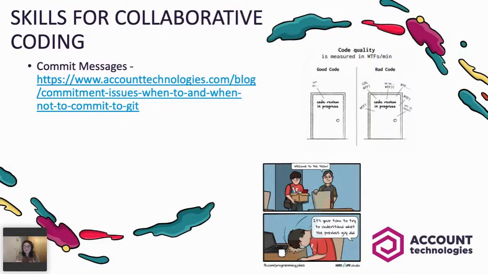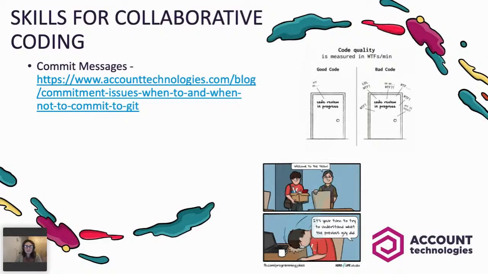So I wanted to share the ways in which coding with other people has changed. I think this is also relevant to the hackathon, because you'll be coding with other people. So, commit messages.